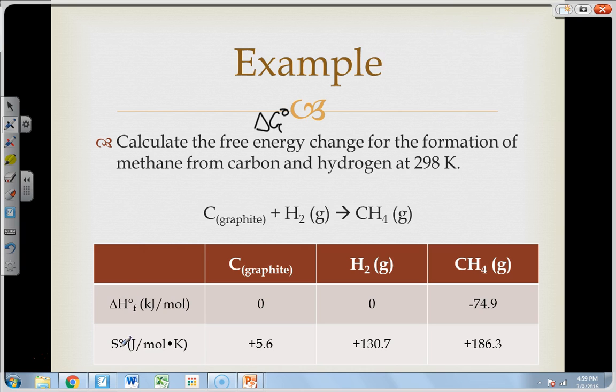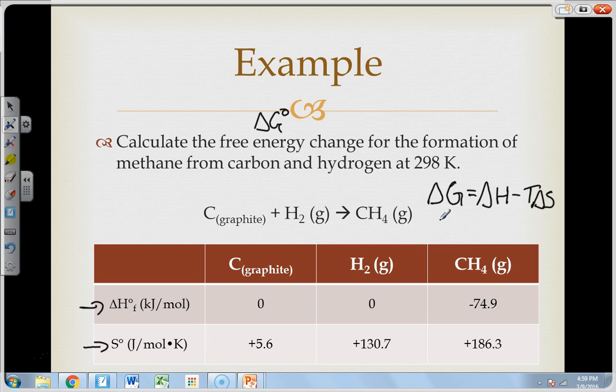We have a delta H and we have S naughts. So the formula that we're going to use is delta G equals delta H minus T delta S. So we actually have to calculate the delta H and then the delta S, and then plug it in to find the delta G.